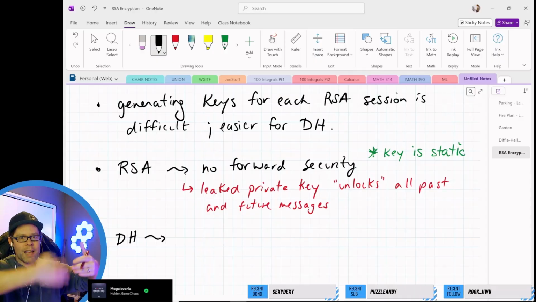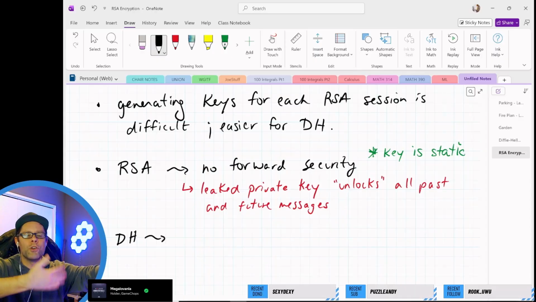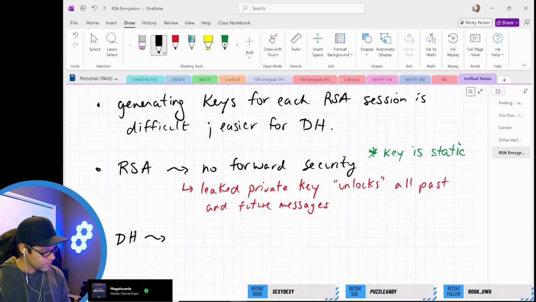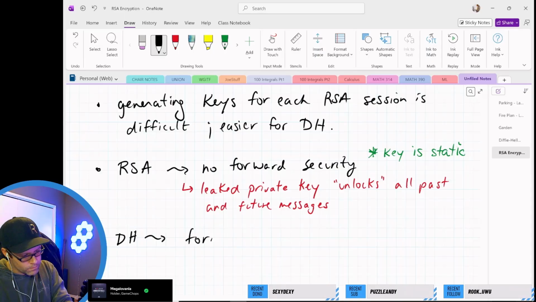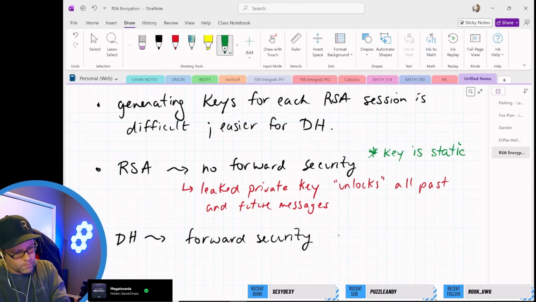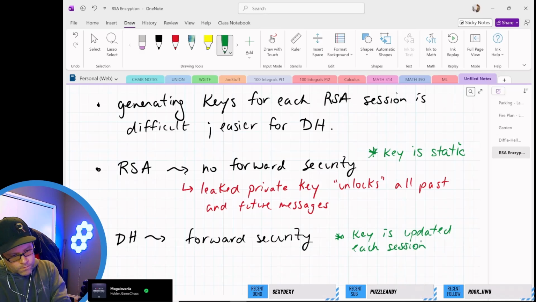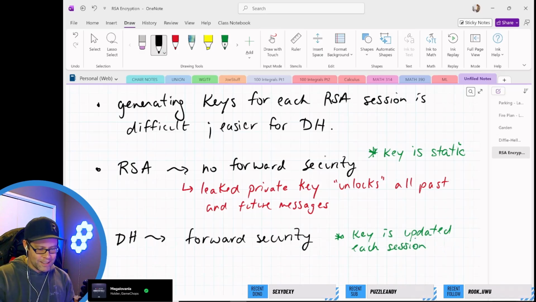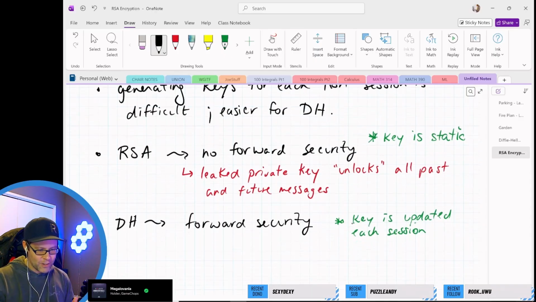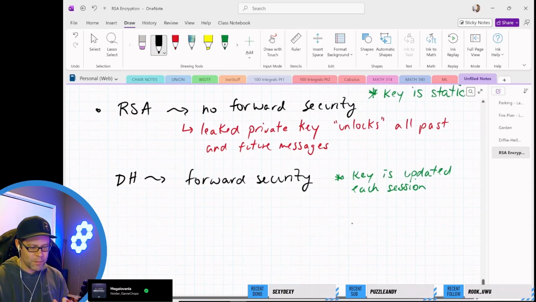If my attacker finds a particular thing, they're only going to be able to undo maybe that thing, because the key isn't static here. If I accidentally misplace my shared secret key, oops, they can see that one particular message, but it gets updated in the next round of DH.